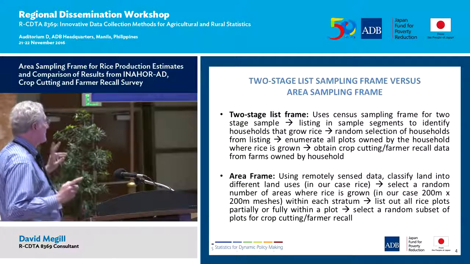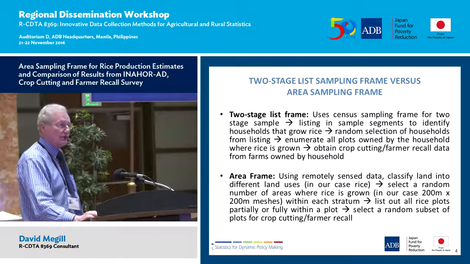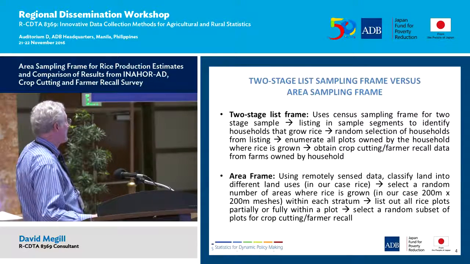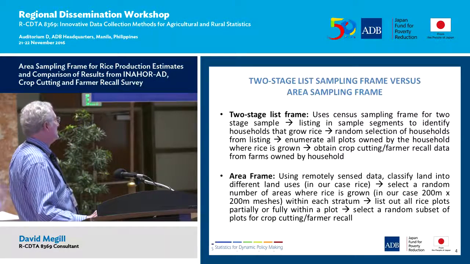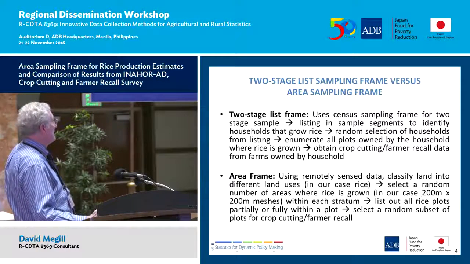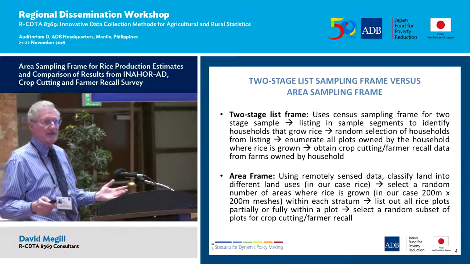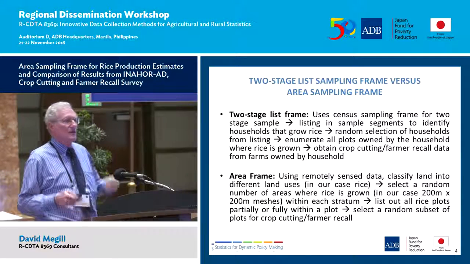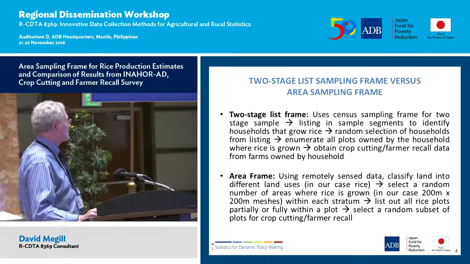Now, there are two types of frames that are generally used for agricultural surveys. The first method, used by many developing countries especially, is a two-stage list frame, where typically a census frame is used at the first stage, where the country is divided into segments called census enumeration areas.